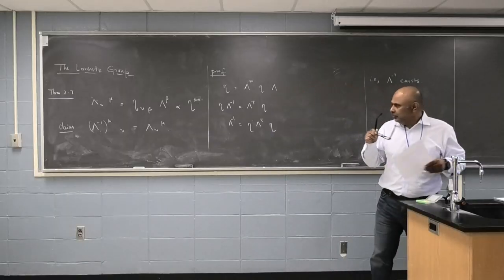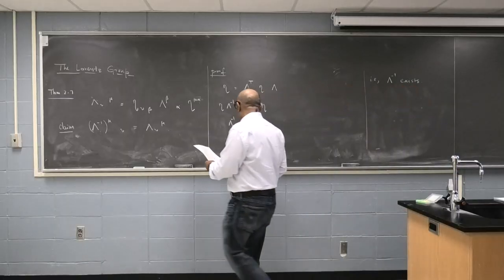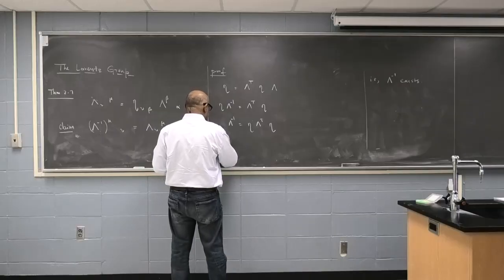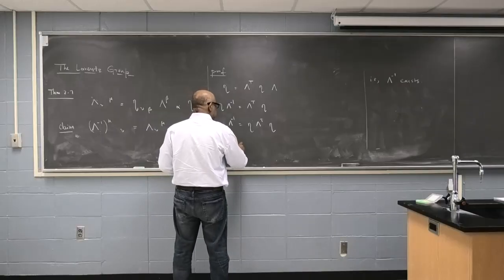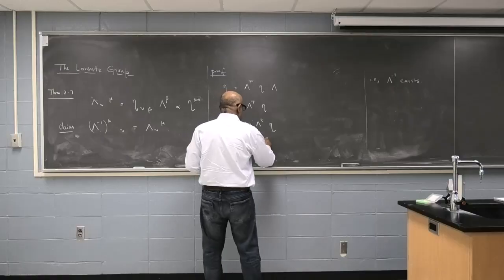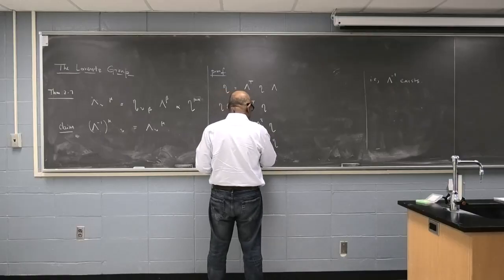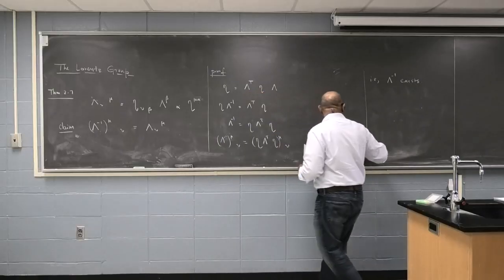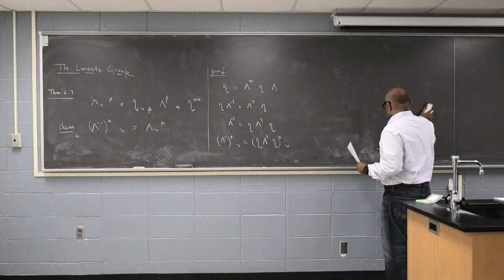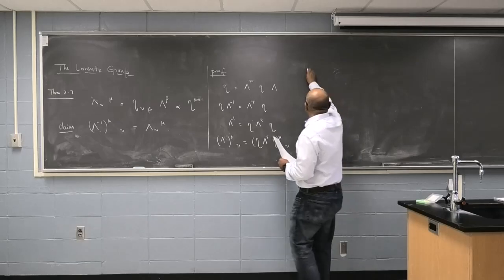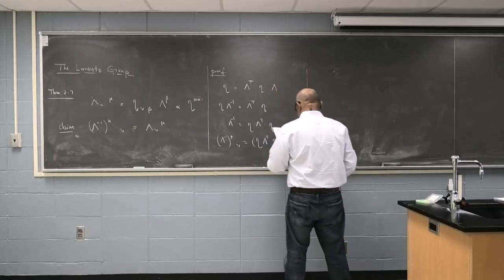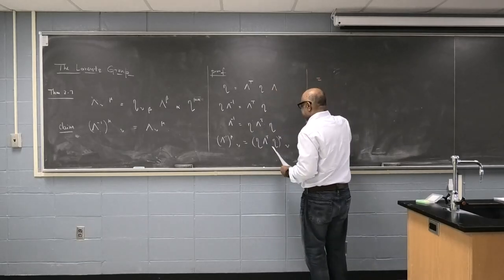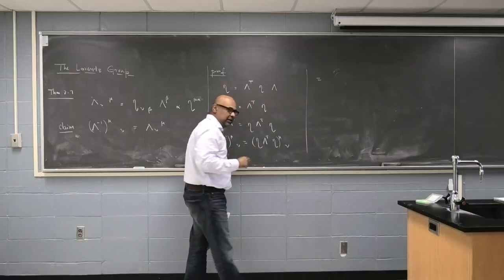Okay, well, let's just write it out then. So lambda inverse mu is eta lambda transpose eta mu. Okay, so this is lambda transpose.